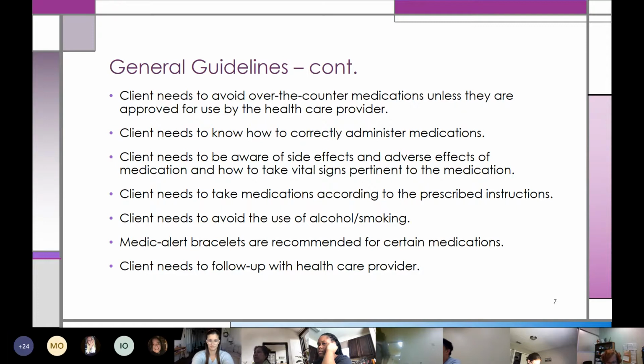So we want to make sure that there's no interaction with the medications. Right. We have to make sure we're teaching our clients how to administer the medications. And of course, a lot of this you did learn in fundamentals, but you've been using it since you've been out there practicing as well already.